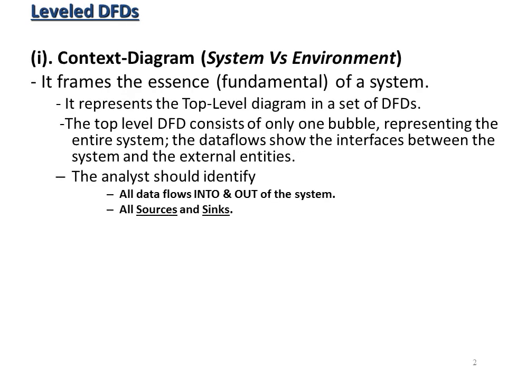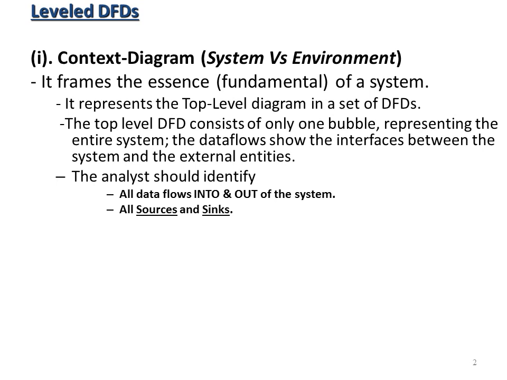DFD. The first level is called the context diagram, and it's level 0, and it shows the system and its external entities. It shows the boundary of your system and how your system is going to interact with other external systems or entities.